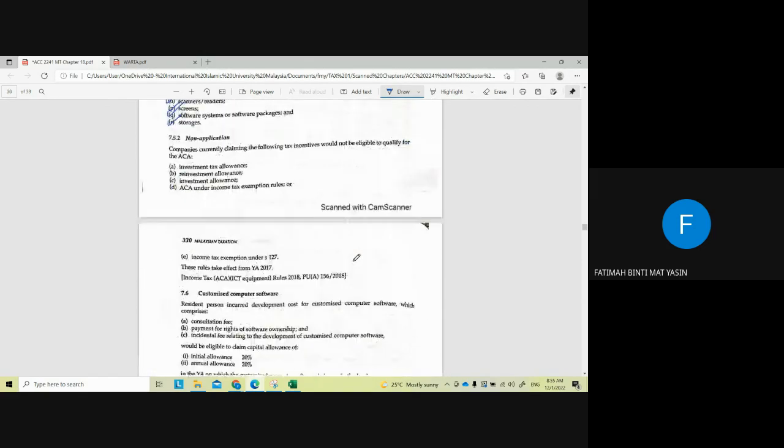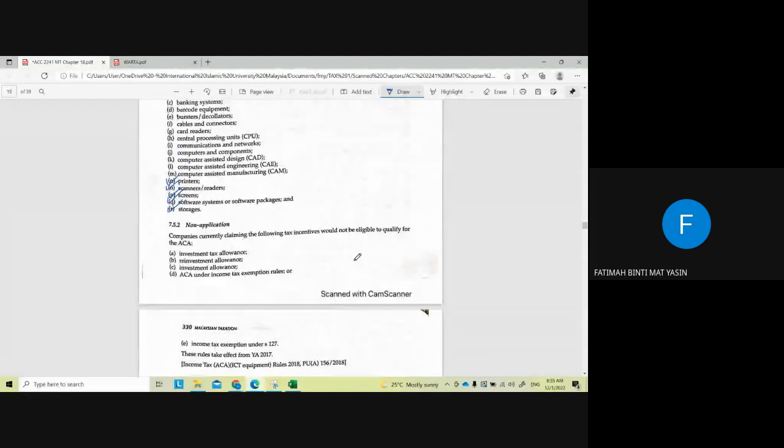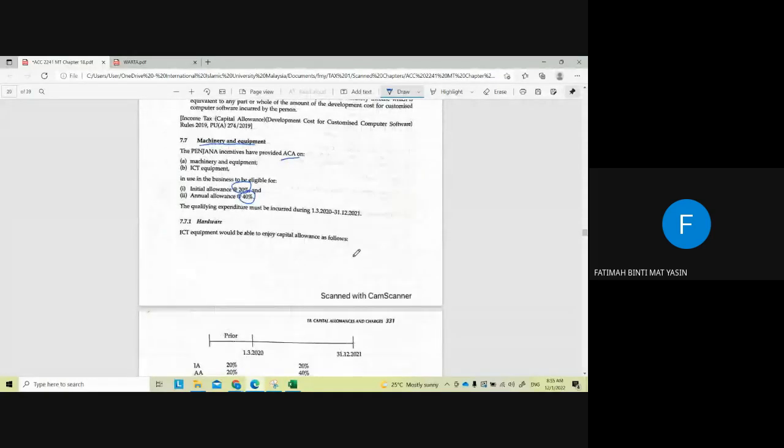Then for the asset that the company acquired during this period, which is 1st March 2020 until 31st December 2021, the government gave an incentive in their economic stimulus package whereby the company can claim initial allowance 20%. This one is still the same, but the annual allowance is 40%. This includes machinery and equipment as well as ICT equipment.